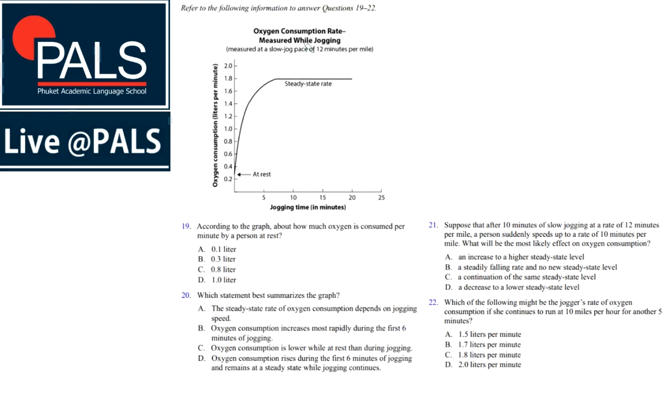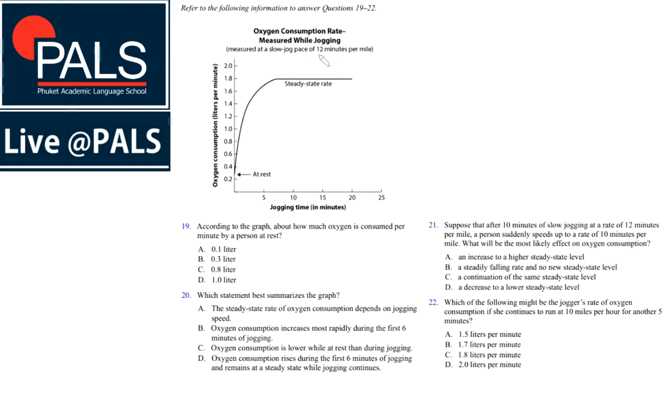Refer to the following information to answer question 19 to 22. According to the graph, about how much oxygen is consumed per minute by a person at rest. So let's have a look at the graph first, actually. We have oxygen consumption rate that is measured while jogging, and it is measured at a slow jog pace of 12 minutes per mile.